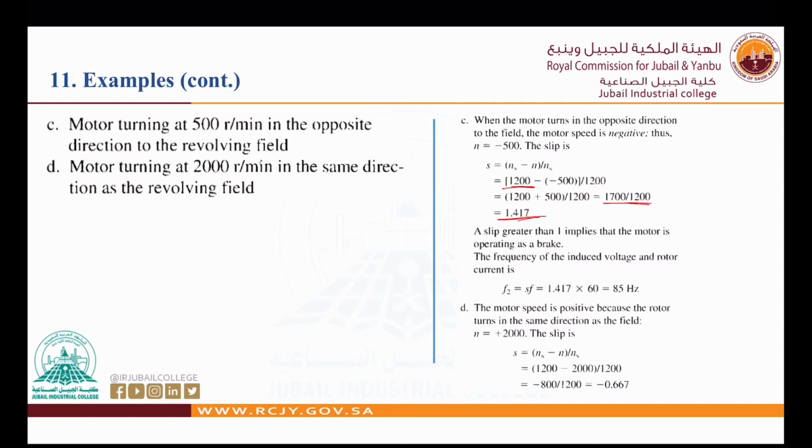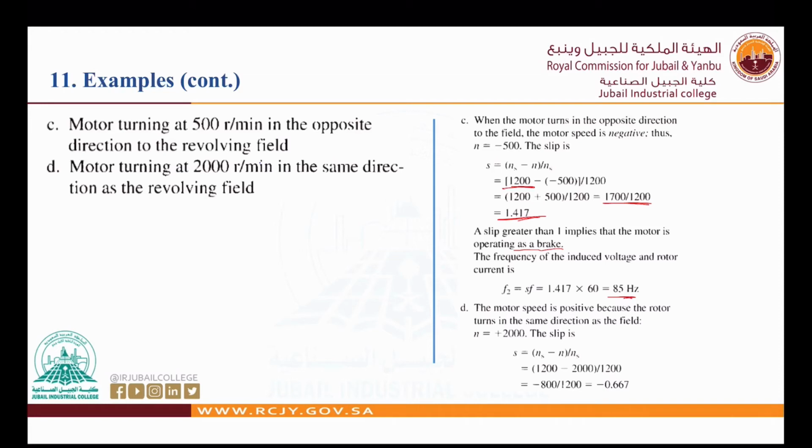As you can see, the slip is greater than 1. A slip greater than 1 implies that the motor is operating as a brake, and we will see why. The frequency of the induced voltage and the rotor current, multiplying by 60, you will have 84 hertz, so it is more than the rated frequency.